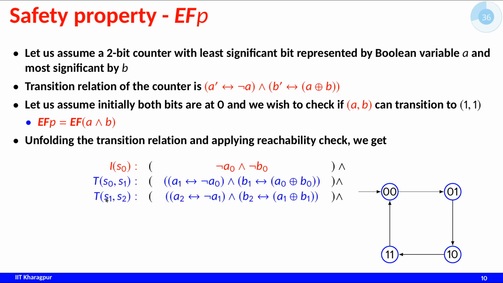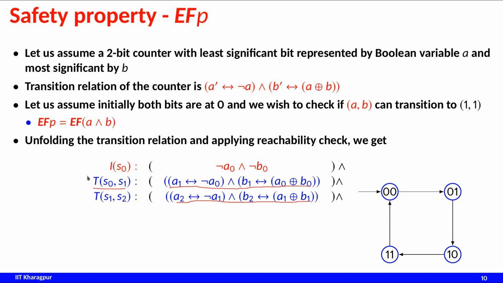When we unfold the transition relation between S0 and S1, this will involve the variables A1 and A0, similarly B1, which depends on A0 and B0. So this is the transition relation at time step 0, and similarly the transition relation at time step 1 is this one.